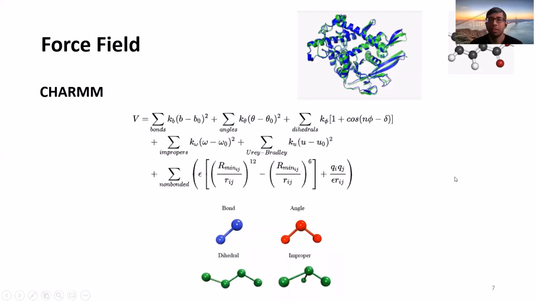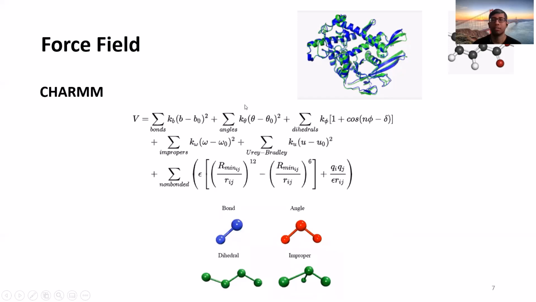As an example, a very parameterized model which works well for biomolecules is called the CHARMM force field, or CHARMM potentials. Its potential energy, previously we have seen E, or U, now we are seeing V, but it is the same as the potential energy. You can see that there are several terms that are defined to capture the whole system. There is a bond term that defines the system's bonds in terms of harmonic springs.